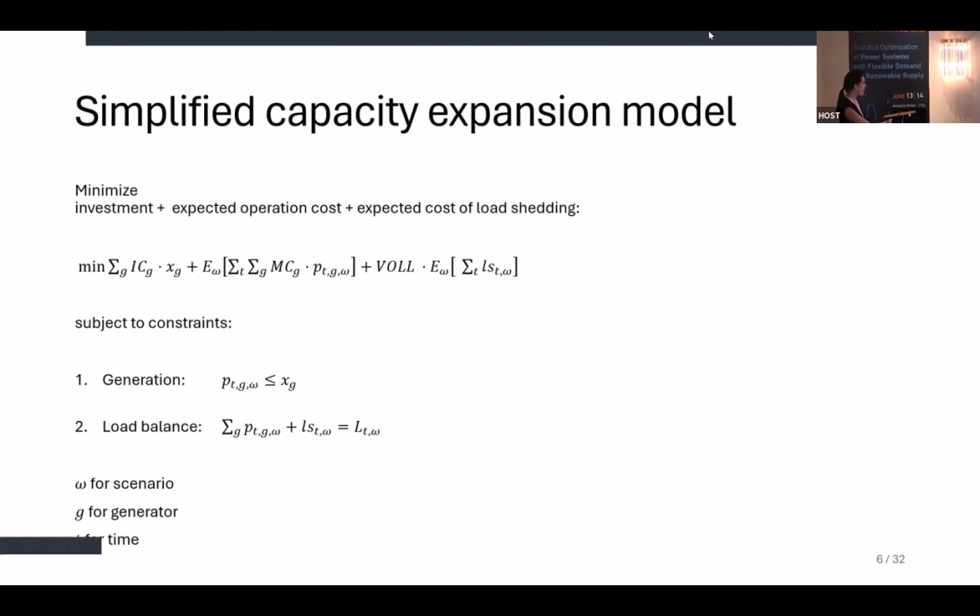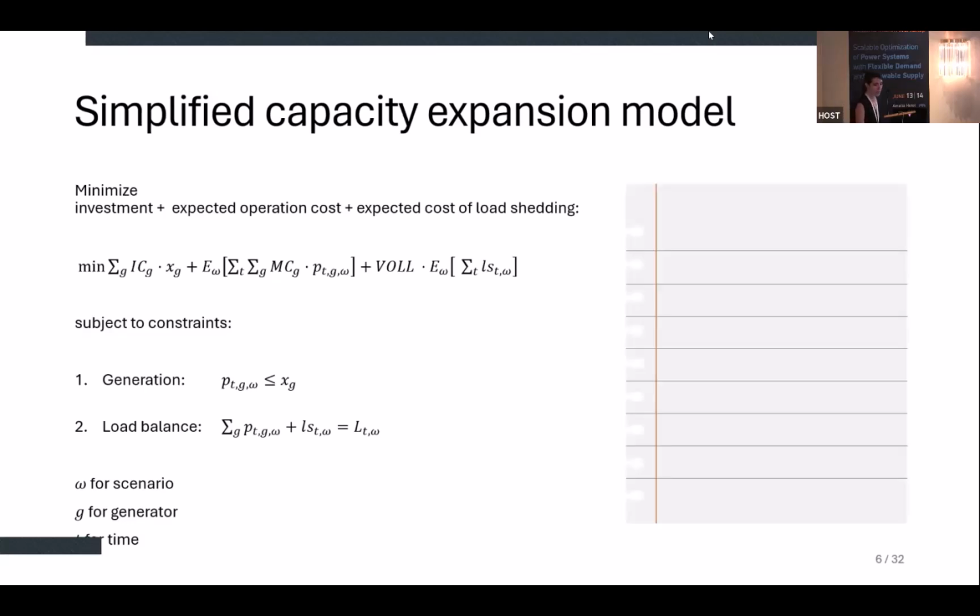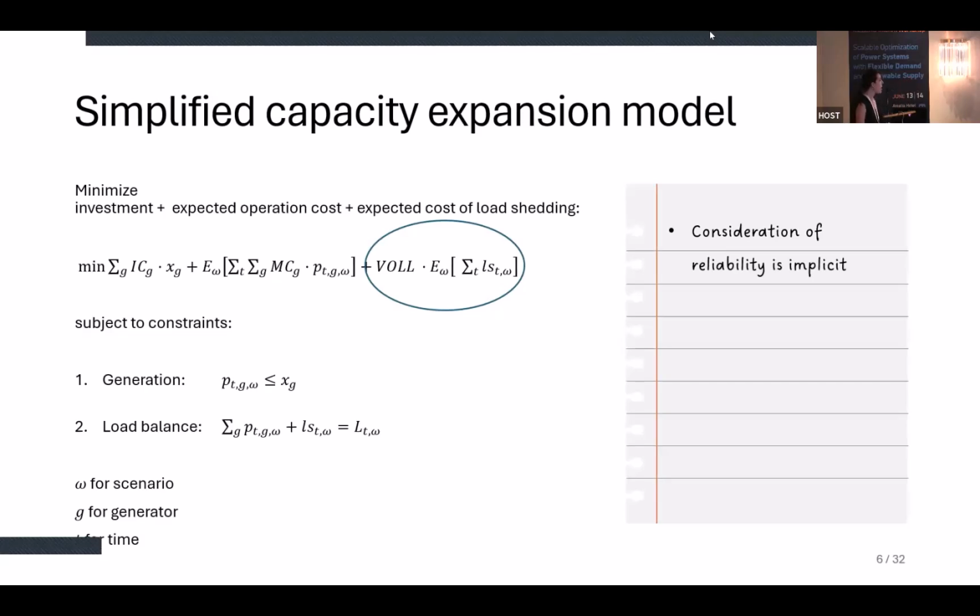Just note that the omega index is used for scenario, g for generator, t for time. So, some notes here. This has no reliability constraints, so actually consideration of reliability is implicit. Load shedding is limited because there is a cost element in the objective function.